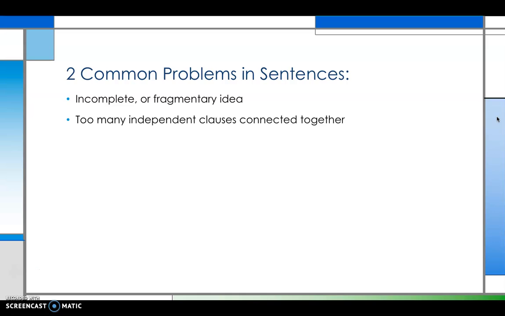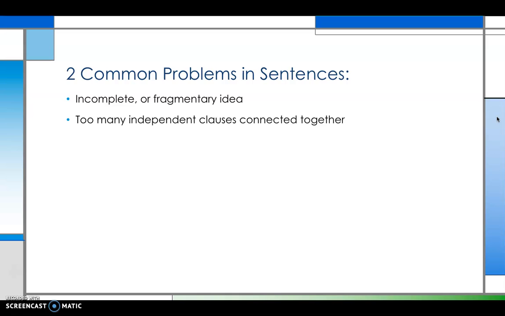The two common problems in sentences are incomplete or fragmentary ideas and having too many clauses connected together. So incomplete or fragmentary ideas are kind of like that example in the last slide about and enjoys writing. We just don't have enough there to know what the entire idea is. I like to exaggerate this to what I call the overexcited sportscaster error.